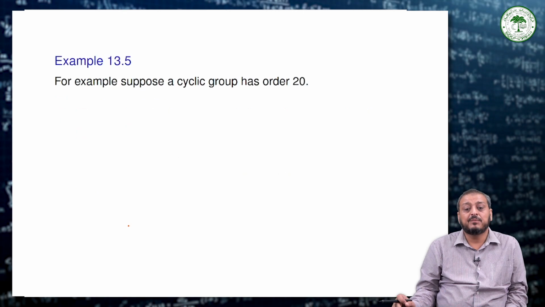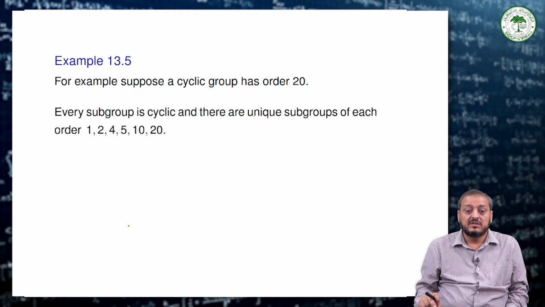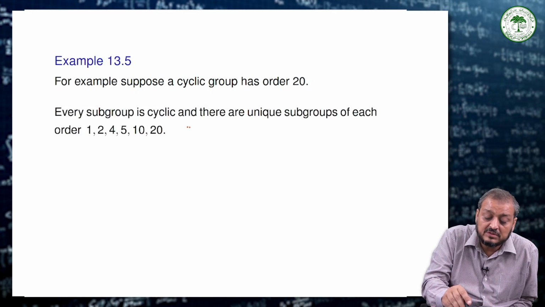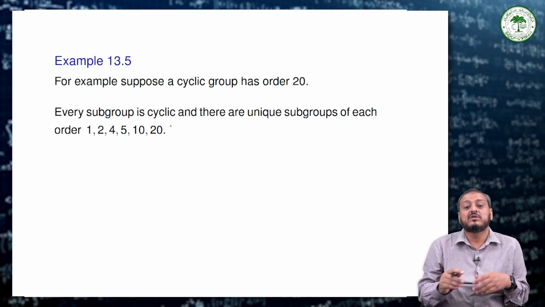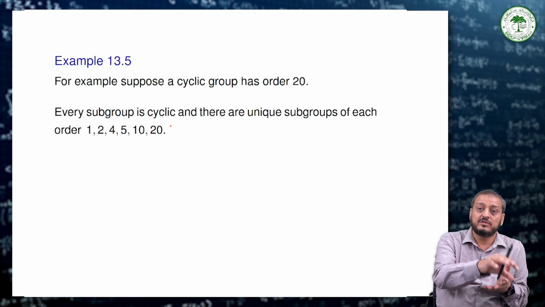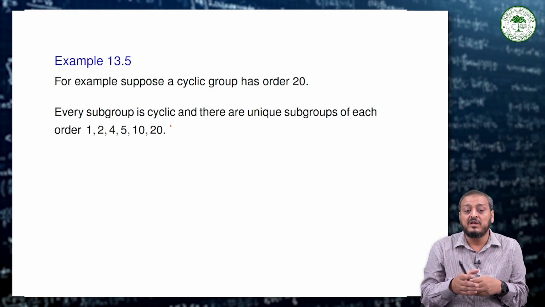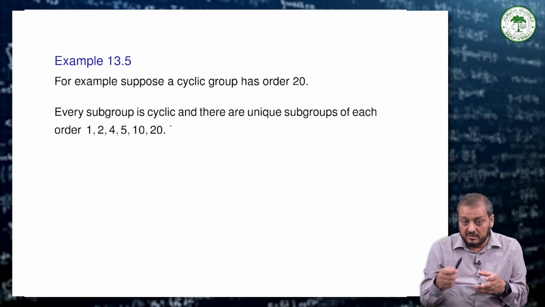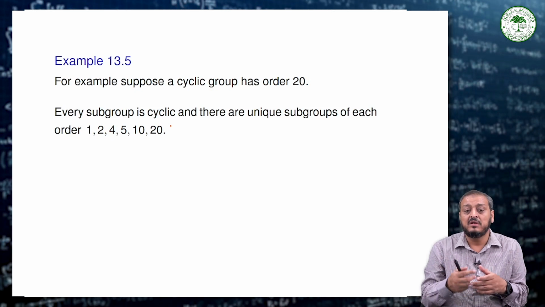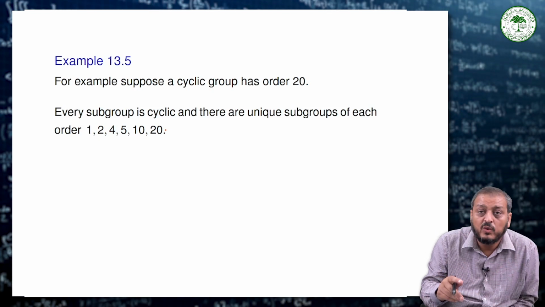For example, suppose a cyclic group of order 20. We already know that every subgroup of a cyclic group is cyclic, and there is a unique subgroup for each divisor of 20: 1, 2, 4, 5, 10 and 20.